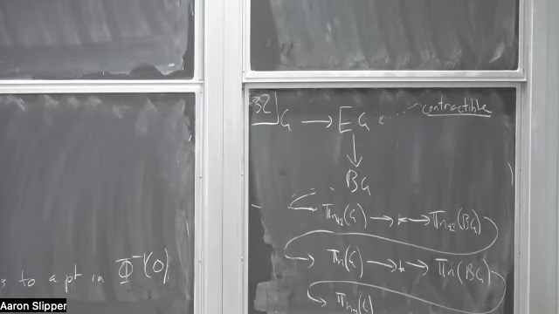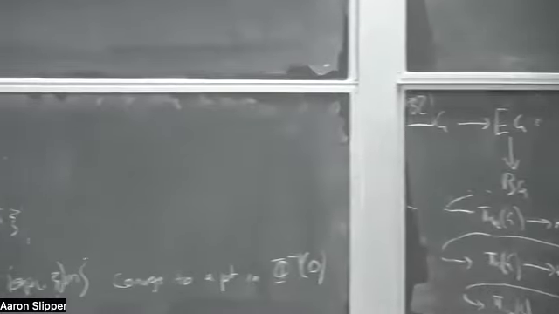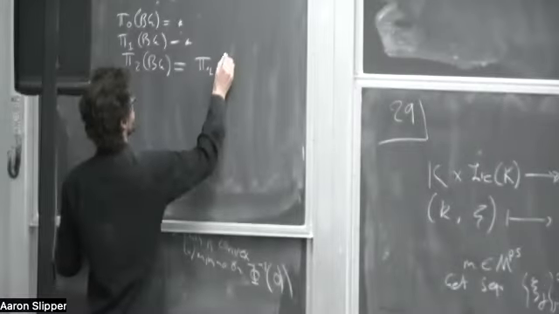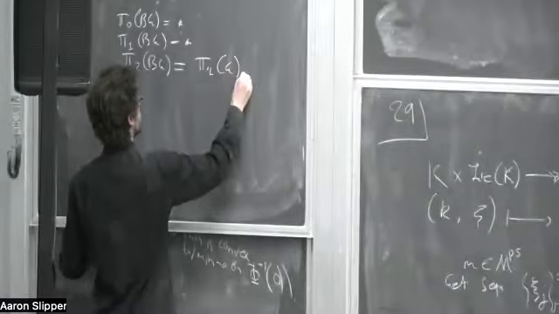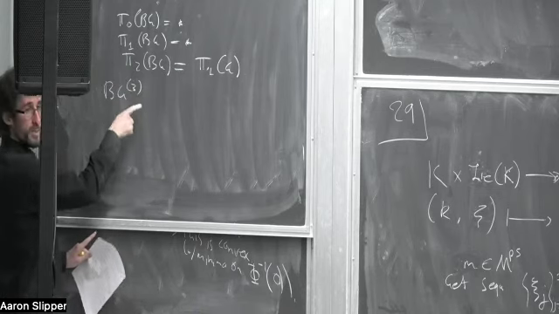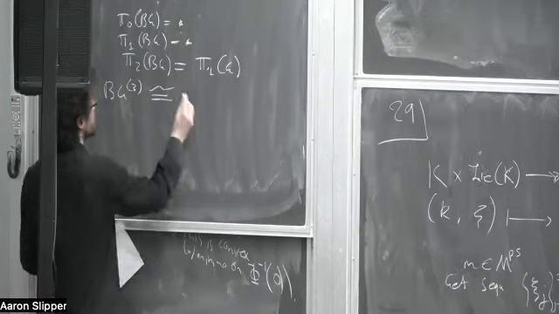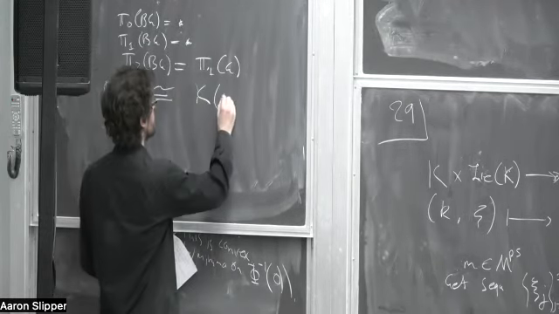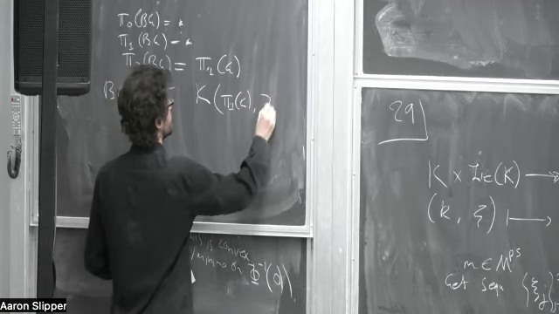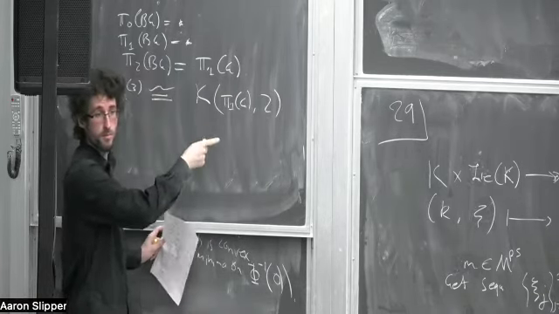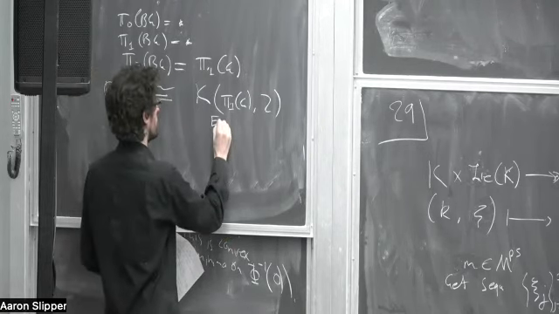And pi 2 of BG is equal to pi 1 of G. So now that means that after we take the 3 skeleton of BG, this is isomorphic to K(pi 1 of G, 2), where this is the Eilenberg-MacLane space by definition. And this represents cohomology with coefficients in pi 1 of G.